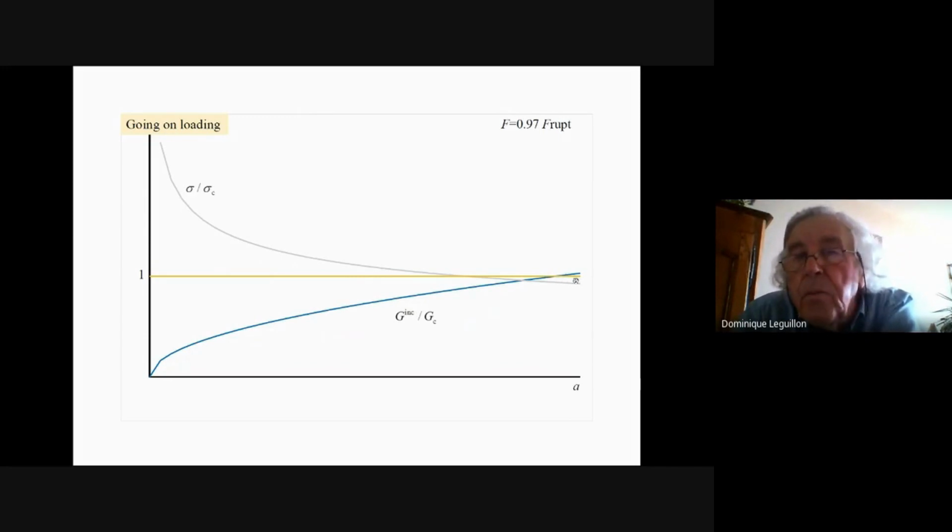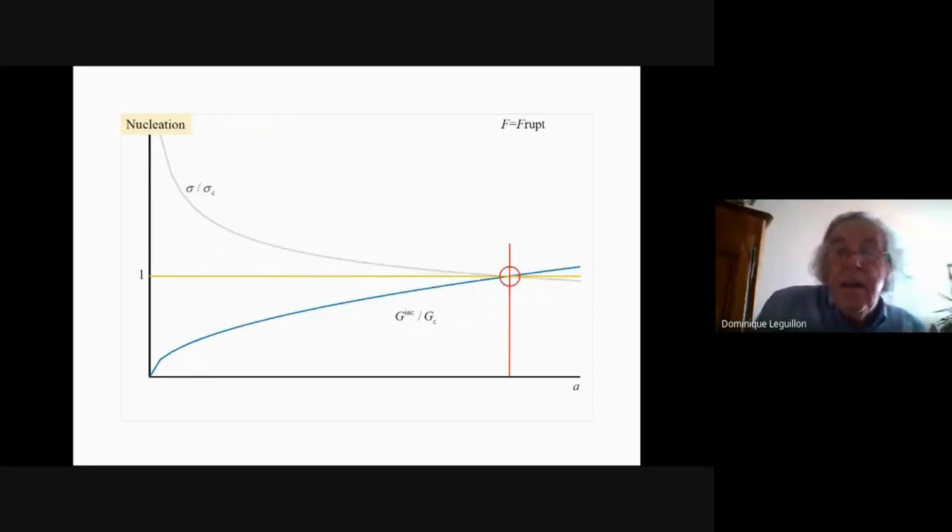So here, still no match. Admissible point from the energy condition point of view here, admissible point from the stress condition point of view here. So we still increase the load. And finally, we obtain this point. And at this point, both the stress condition and the energy condition are fulfilled.